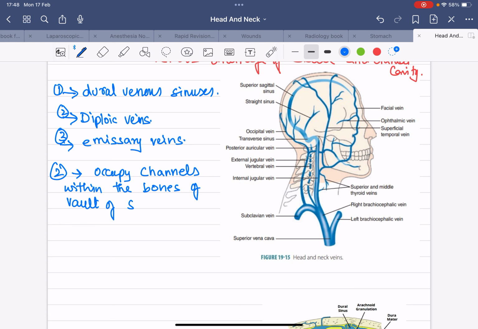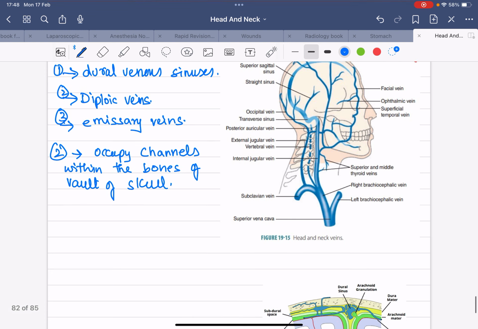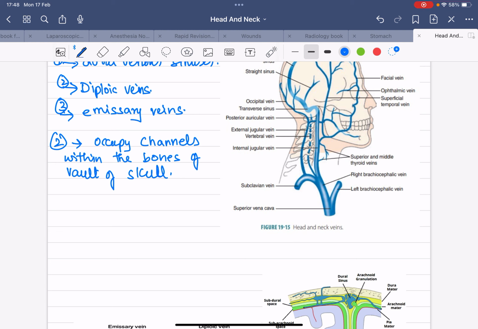Vault of the skull is also known as skull cap or calvaria, which consists of the frontal bone, the parietal bone, and some part of the temporal bone. So diploic veins occupy the channels within the bones of the vault of the skull, also known as calvaria.